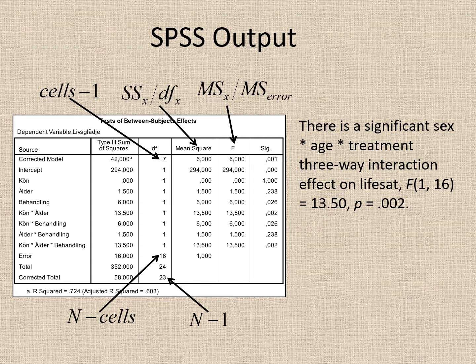The corrected total is the cell sum of squares. So you take, in this case, we have 8 cell means. So you take the cell mean minus total mean, square that difference, and multiply by number of individuals. So it's the difference between the cells. The intercept sum of squares here, then you take every individual value minus 0.